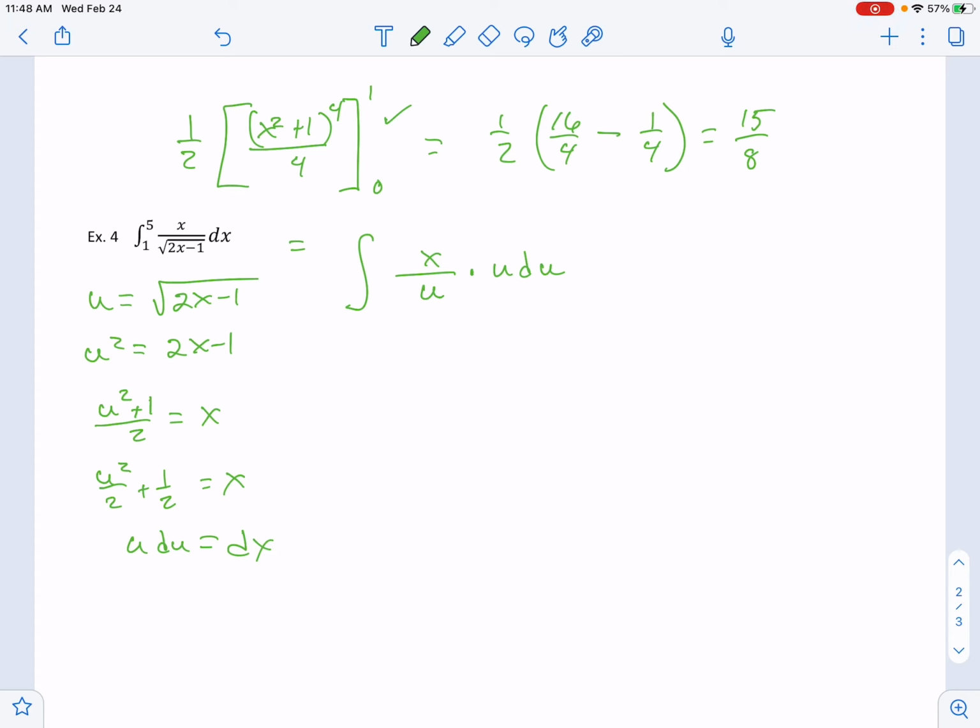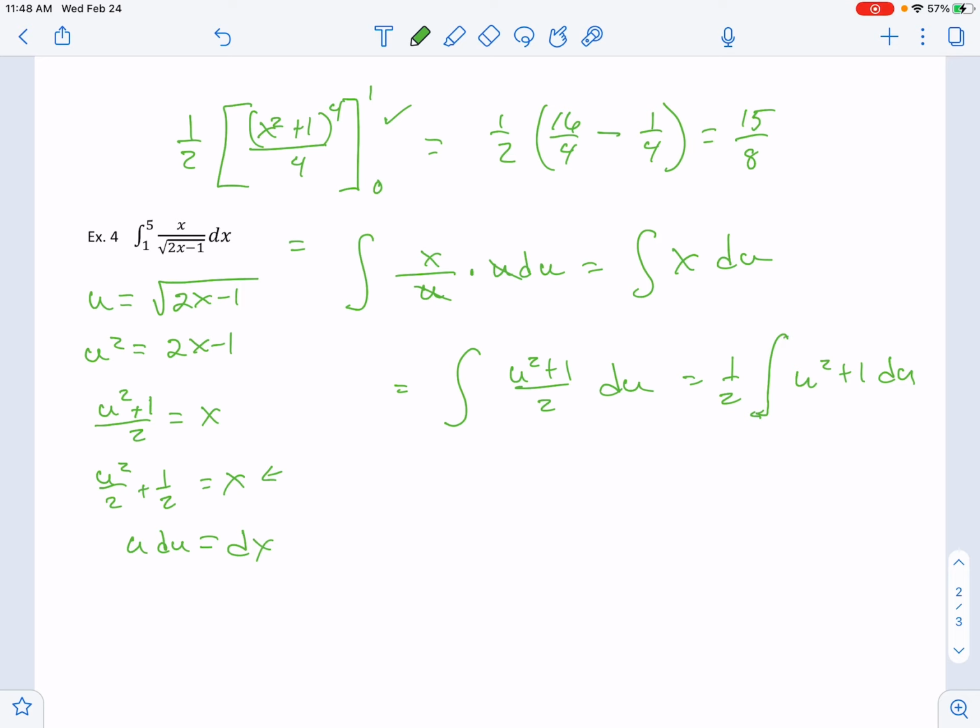All right, now what happens? The u's cross out, and I've got the integral of x du. Well, correct. So I need to replace the x with what it's equal to in terms of u. So now I have u squared plus 1 over 2 du. And I'm going to take the 1/2 out front, so now I have 1/2 integral of u squared plus 1 du.